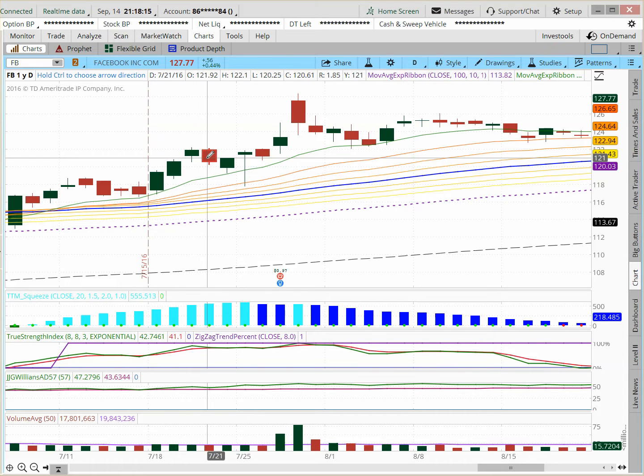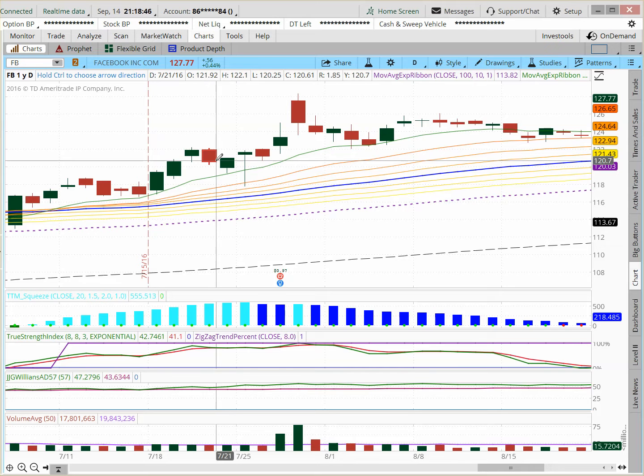So let's go 3 days forward, and on July 21st, that was a down close. This means that on July 21st, the stock opened at 121.92 and it closed at 120.61.